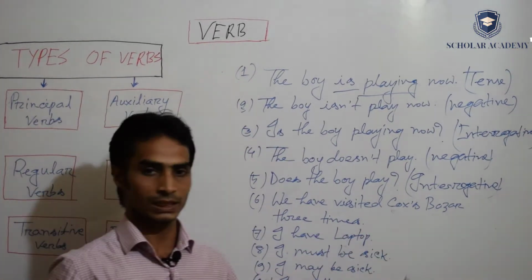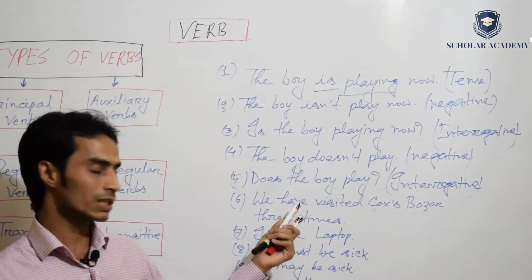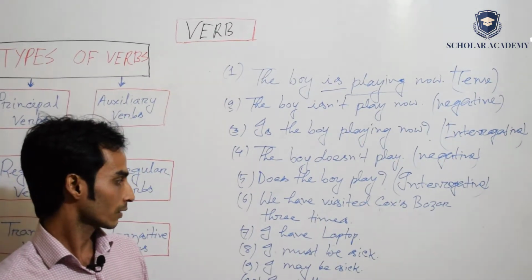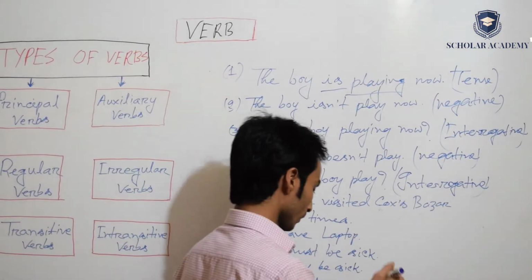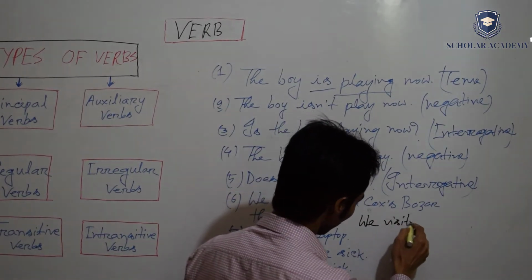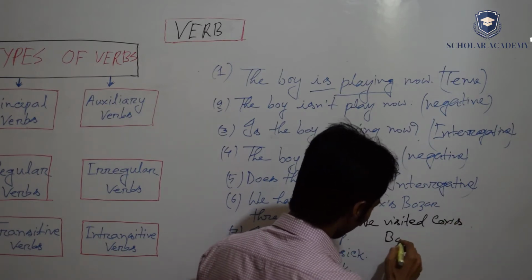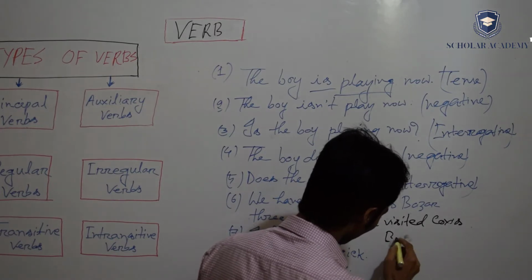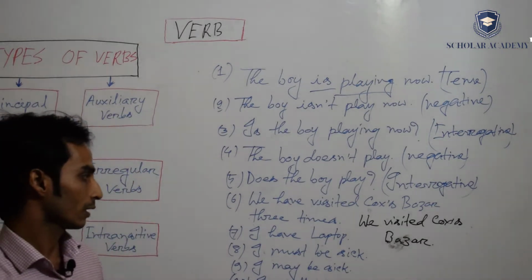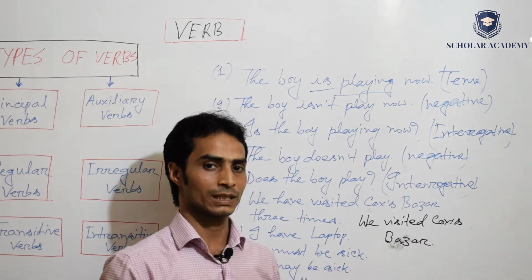We have visited Cox's Bazar 3 times. Do you know what is the purpose of have in this sentence? If you write the sentence this way, we visited Cox's Bazar, we can understand that we visited Cox's Bazar only a single time.